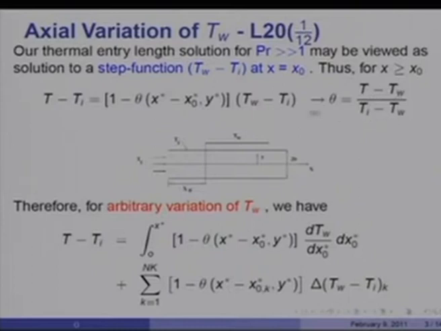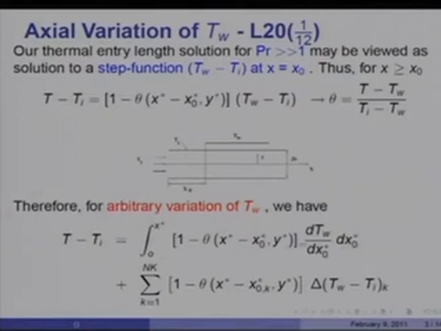So, just as we considered the external boundary layer situation, for the internal boundary layer situation, it would again look like this. So, therefore, for arbitrary variation of T w, we will have T minus T I equal to the integral from 0 to x star of 1 minus theta (x star minus x naught star, y star) dT w by dx naught star dx naught star.